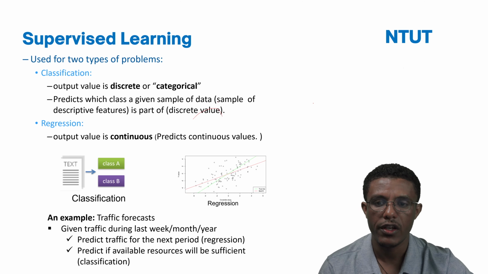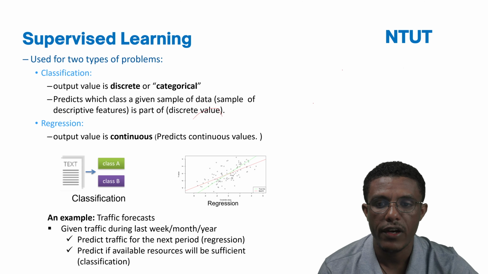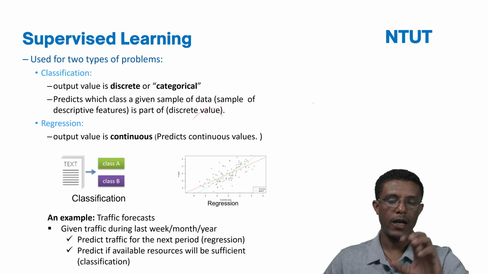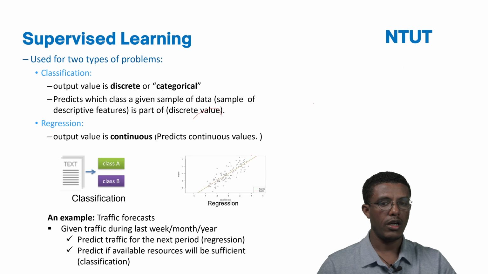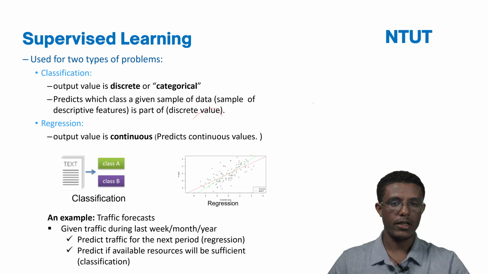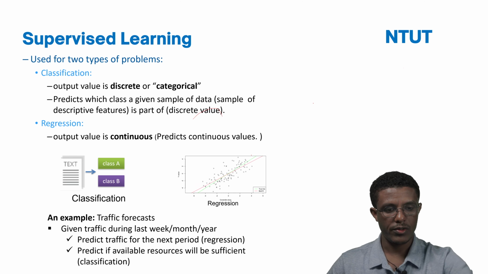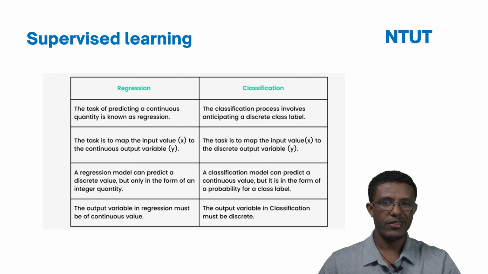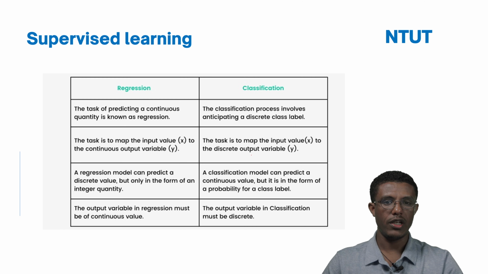There is a text here, and this text is classified as class A and class B. That's for classification. There are different algorithms for classification and also regression. We will see these after revising what supervised learning is. This is just the highlight showing the difference between regression and classification.